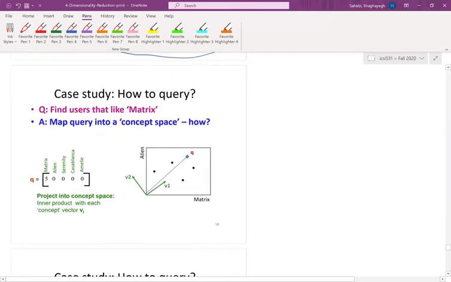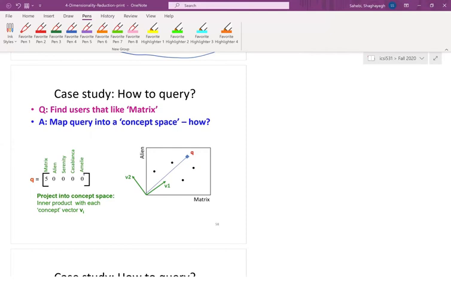Okay, so the first thing that we can do is say, who are the users that like Matrix? A user that likes Matrix, their row vector looks like this, right? So this user has definitely liked Matrix with a large rating, like 5 stars. And for other movies, well, we don't know if they like them or not, so we leave it at 0.